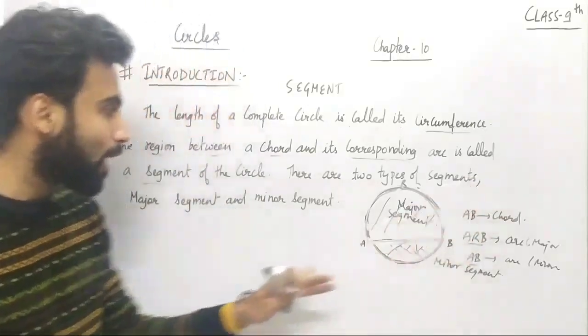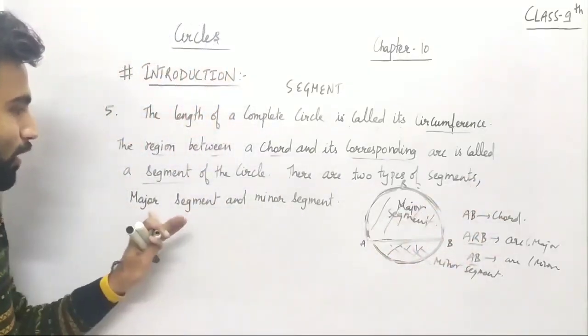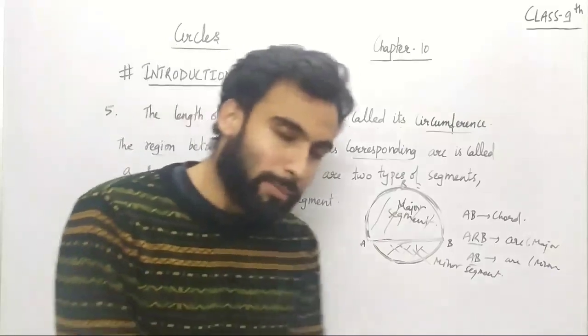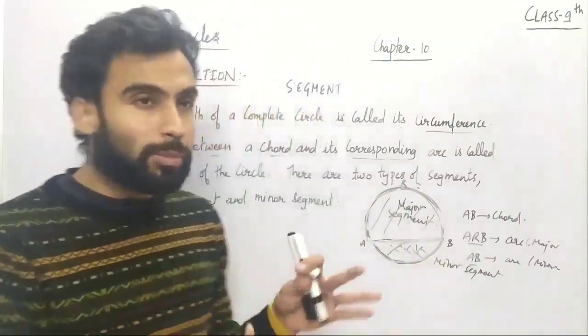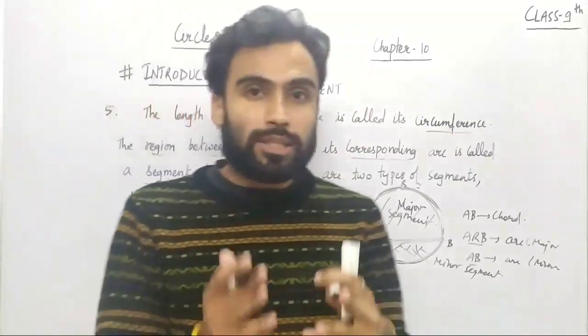And I have told you that the segments are of two types, the major segment and minor segment, right? So this is the topic which needs to be discussed, which is named as segments.